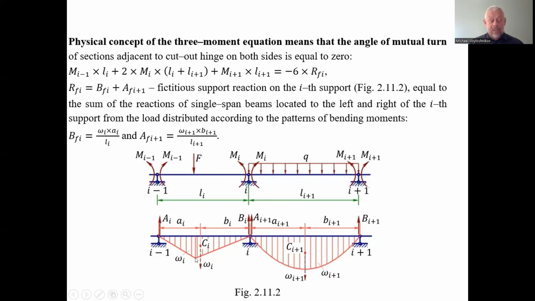This is the concentrated force, and in the triangle shape the vertex is directed downwards, exactly as the force is directed downwards. So we have the diagrams, and we have the main system corresponding to the assigned statically indefinable system. The main system is statically definable.